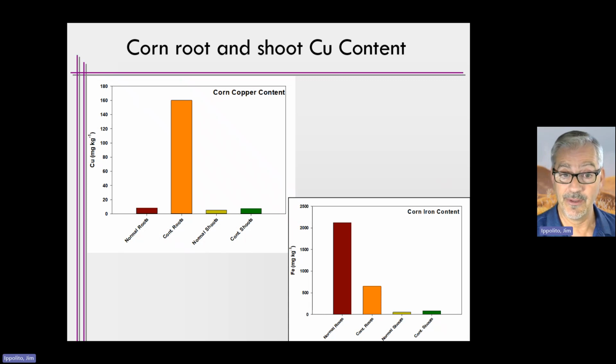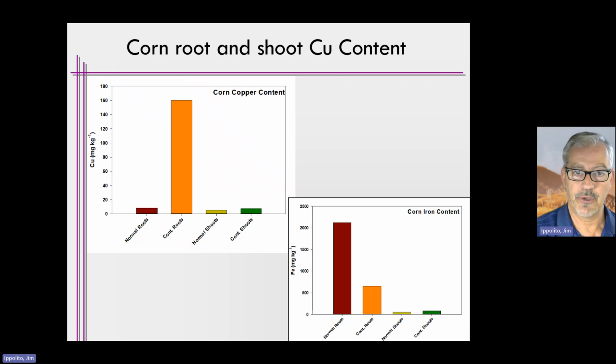And so the combination of both of these graphs tells you a little bit of a story. It likely tells you that there is some sort of interaction between copper and iron, right? And it really happens in the roots.